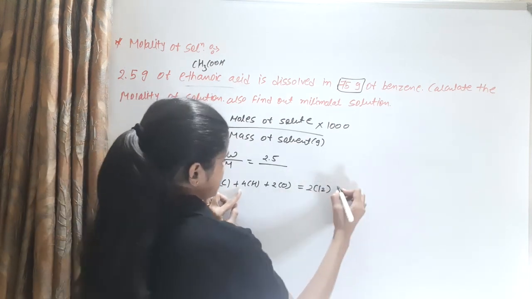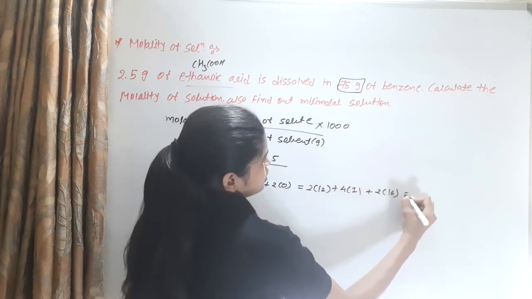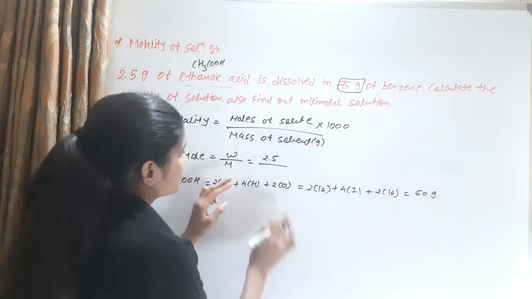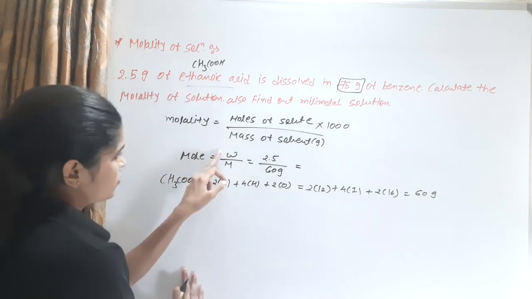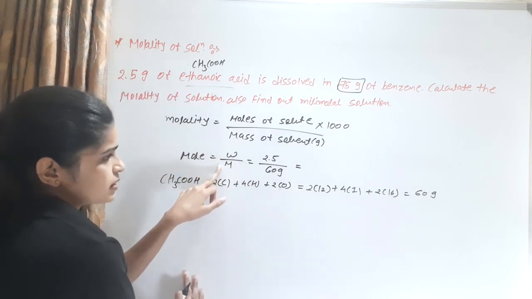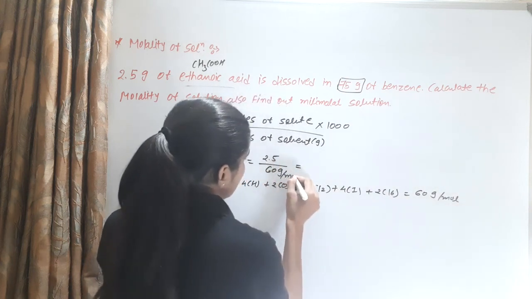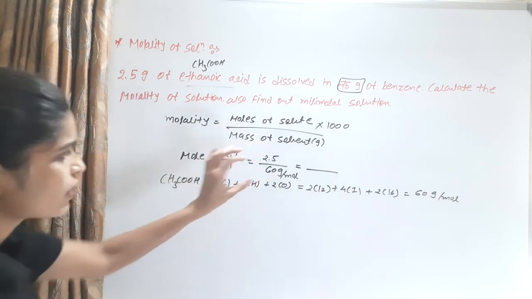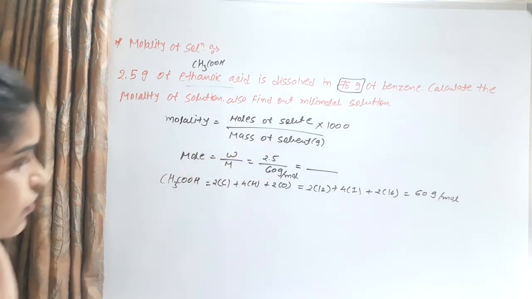Carbon atomic weight is 12, hydrogen 1 and oxygen 16. So the molecular mass is 60 gram per mole. That value gives the moles: 2.5 divided by 60.